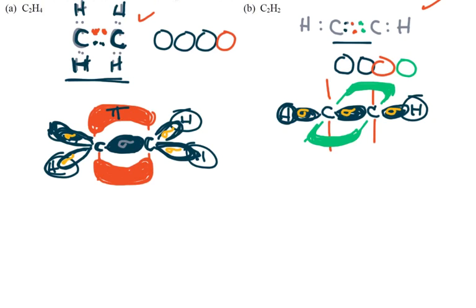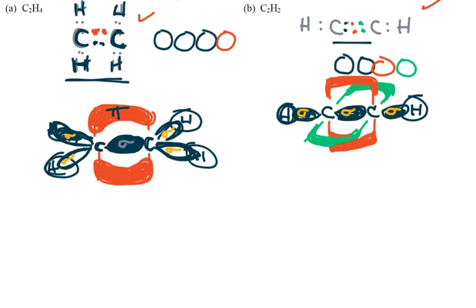And at the same time, in the red portion, this is going straight up, and it will also be down. A lot of that is blocked by the green. So they're sharing above and below the plane of the molecule.